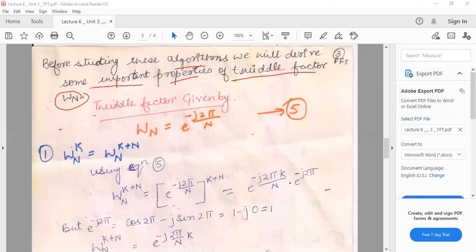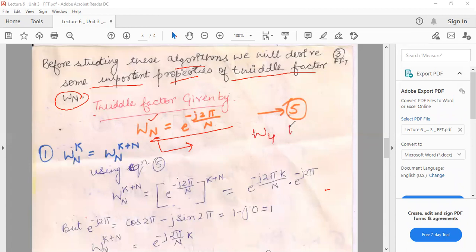In both algorithms, we need one factor which we call the twiddle factor. The twiddle factor is given by this equation. This is W_N, W raised to base N, where N indicates the N-point. For example, if you are computing a 4-point DFT using the FFT algorithm, this would become W4.